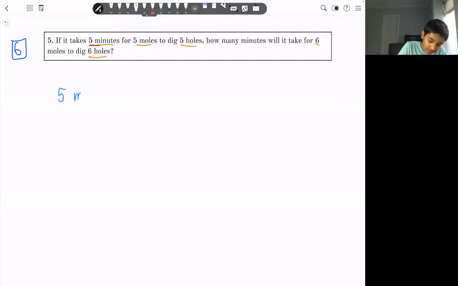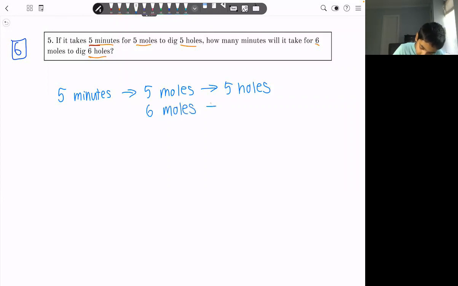So 5 minutes for 5 moles, 5 holes. Okay, now let's just say we have 6 moles and 5 holes. How many minutes will it take if we have 6 moles and 5 holes?